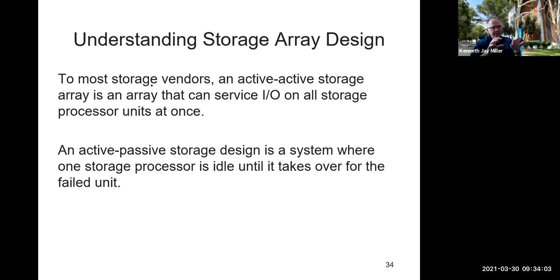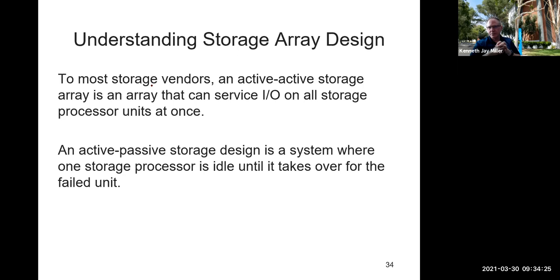So the first one is active-active. With active-active, that means that there is input-output on all of our storage processing. So this SAN and this SAN are clustered together, active-active, and they'll work together.